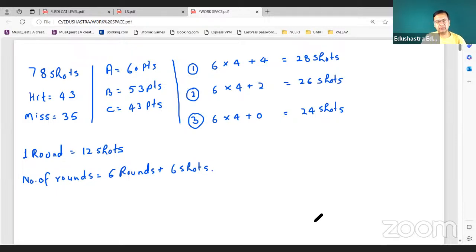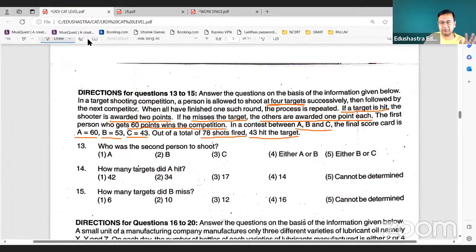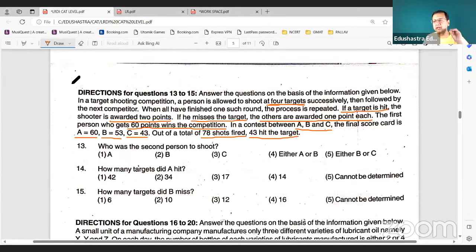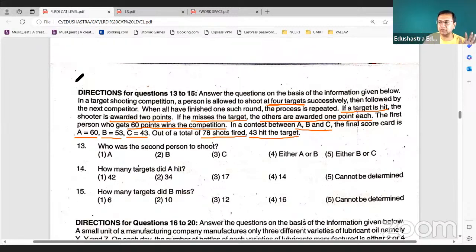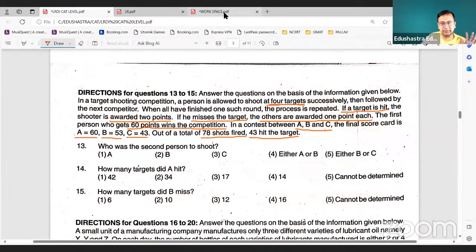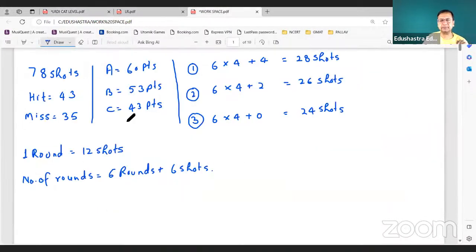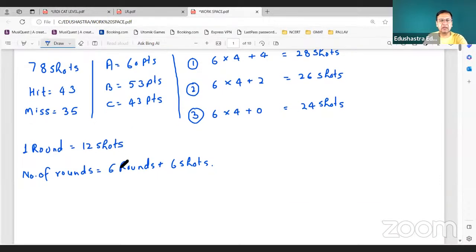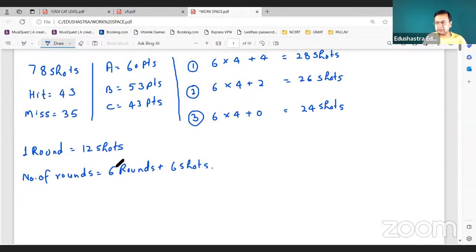Okay, now move further. So this is the basic information which we have interpreted from the given text, right? And we have just tabulated all the information here written over the sheet. Now, start solving. So A, B, C, three persons are there, and we have to identify who is the first, who is the second, who is the third one.